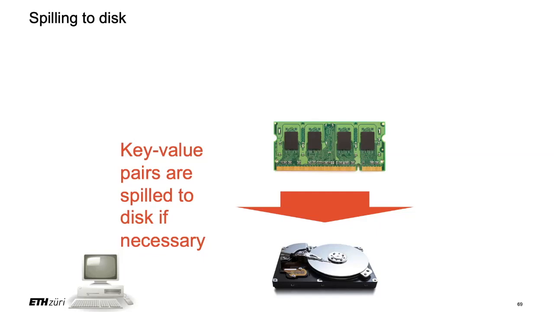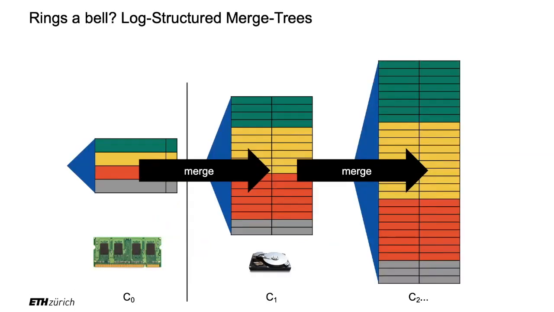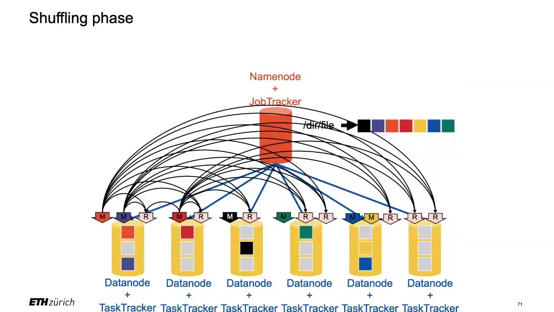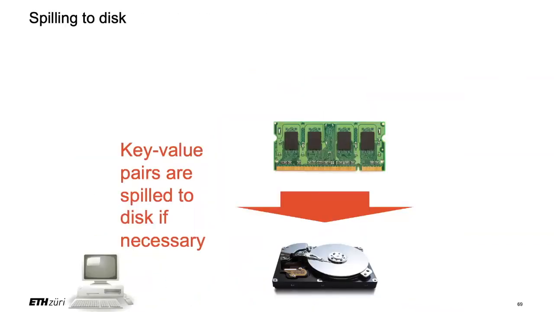It's written in there actually, but can somebody give me a different word than spill that we've seen before? Yes? Flush. And another word? You flush and then you compact. Exactly. Well, it's kind of the same idea, because everything we've learned now in HBase, you can get it for free here, because what's going to happen is that when you have too many intermediate key value pairs in memory, you just flush them to disk.